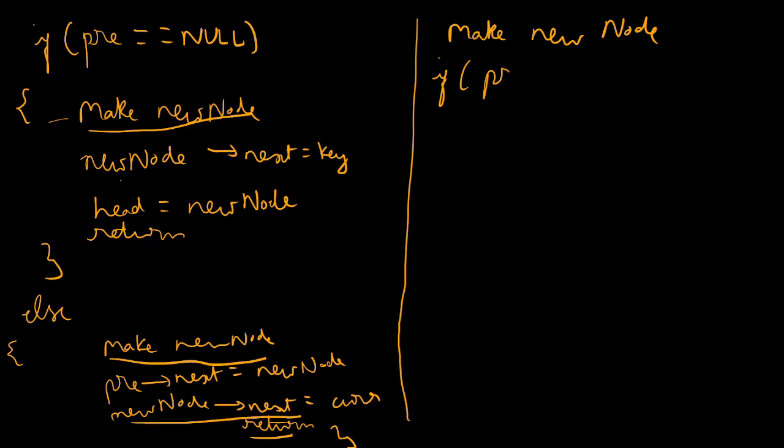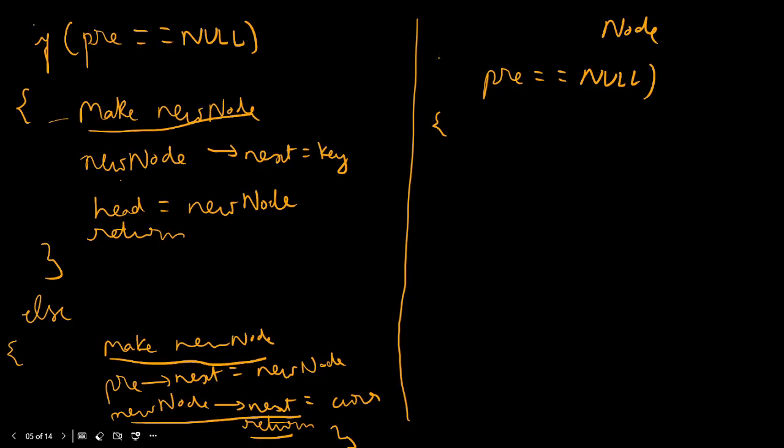If pre is equal to null, what I need to do is new node's next is equal to... it's happening anyway. Hmm, just leave it. I'm getting a bit confused. Let's just do this. So yeah, this is our insert function which is done. Now let us program this.